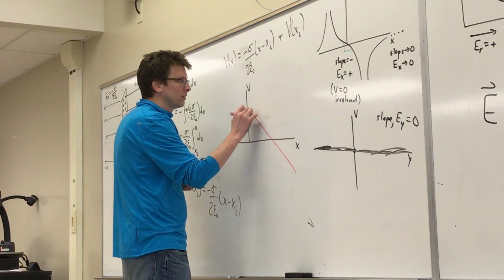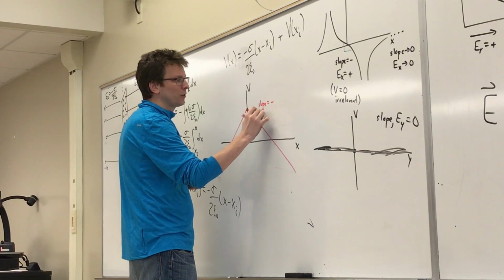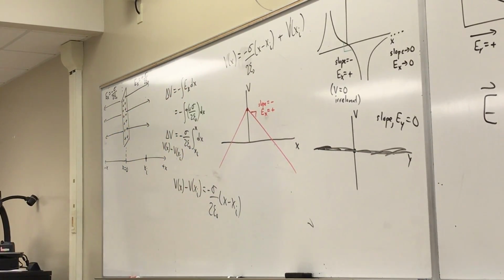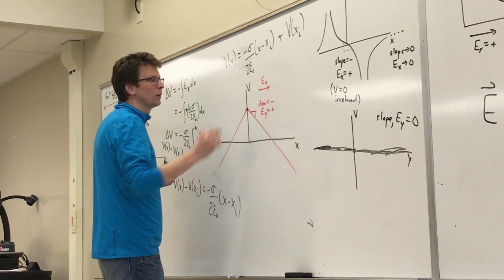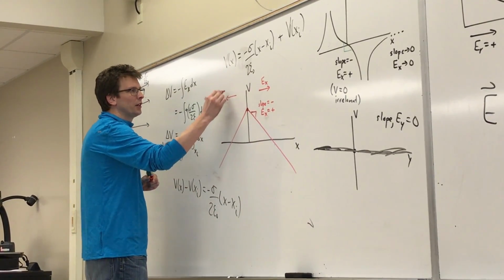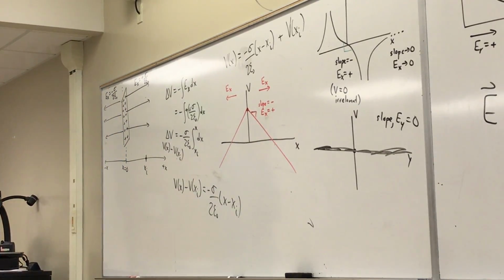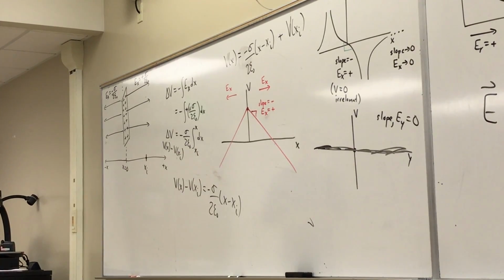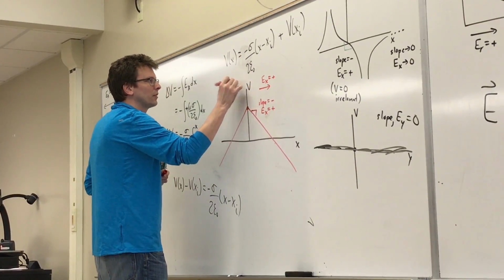Over here, the slope is negative, indicating the electric field is positive, which we know. It's got to point towards lower voltage. And vice versa, over here, the electric field better point towards lower voltage, so it's negative. It points in the negative x direction. So Ex is positive over here, Ex is negative over here.